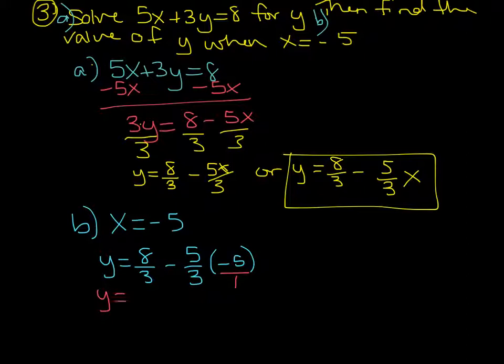That gives you y equals 8 over 3 plus 25 over 3. So from there, you keep the denominator the same, you add your numerators. That gives you 33 over 3. Remember, 33 over 3 you divide, which gives you 33 divided by 3 gives you 11, and that's your answer for that one.